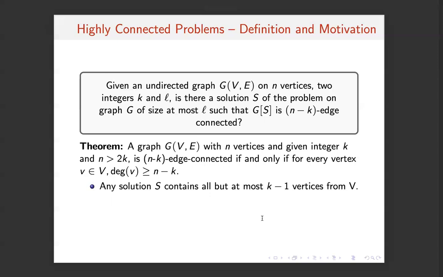So it is pretty clear that the solution must contain at least n minus k plus 1 vertices, and it excludes at most k minus 1 vertices from the entire vertex set.